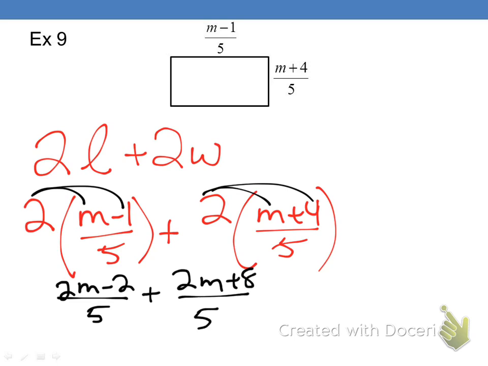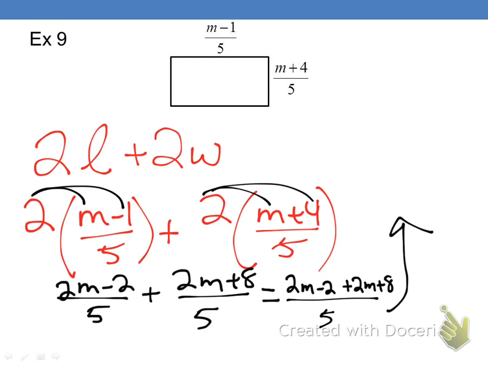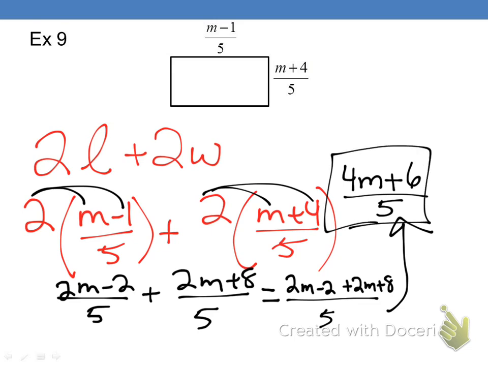Do I have common denominators? Yes, I do. So I can go ahead and write these together. 2n minus 2 plus 2n plus 8, which final answer is 4n plus 6 all over 5.